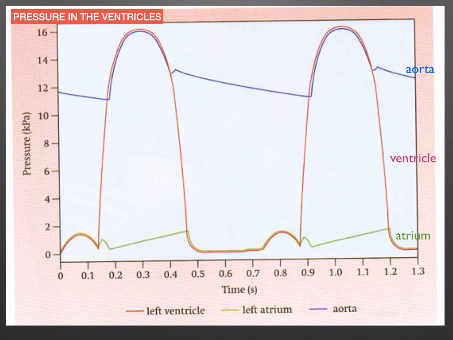The left atrioventricular valve closes and the pressure rises dramatically as the thick muscular walls of the ventricle contract. As the pressure rises above the aorta, blood is forced into the aorta past the semilunar valves.